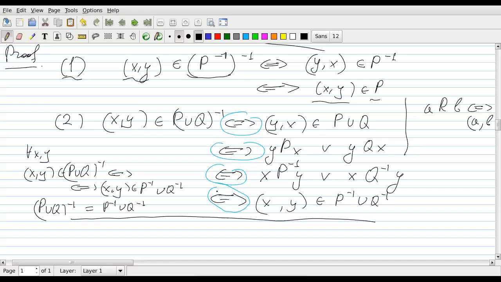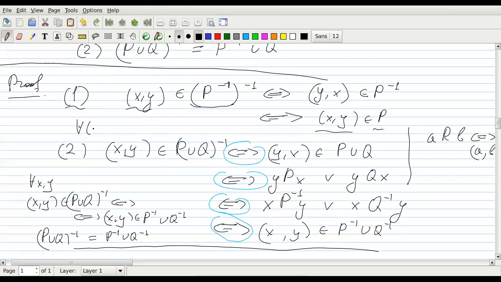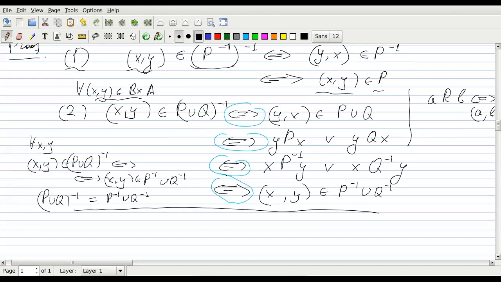Isn't it clear? But we considered only elements from the first set, but what about the case where there are less elements? Informally speaking, we have considered all possible pairs from B times A. Did you notice that here we have equivalences? Every pair from B times A belongs to this set if and only if.